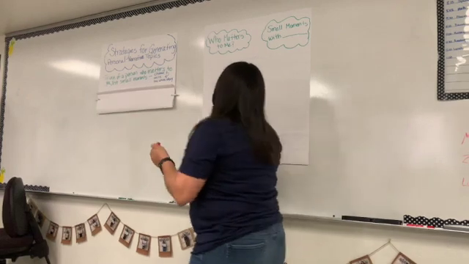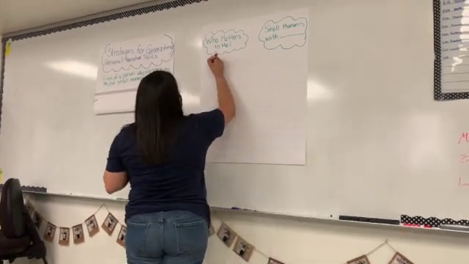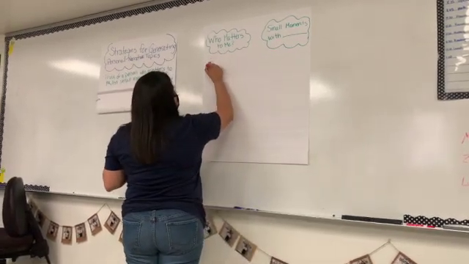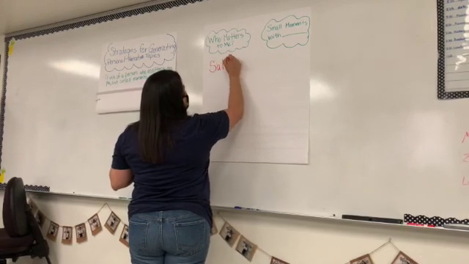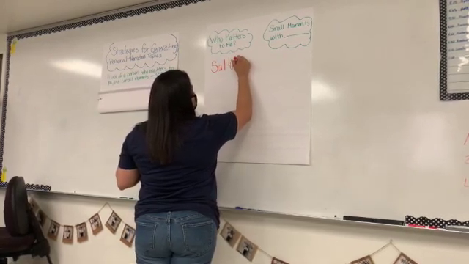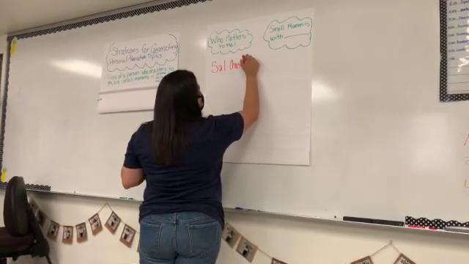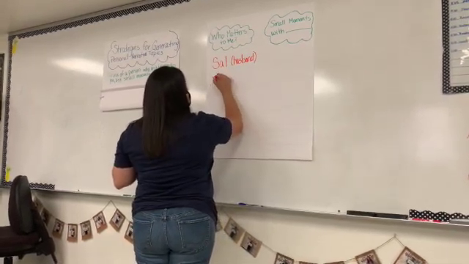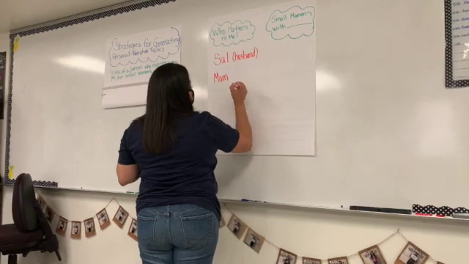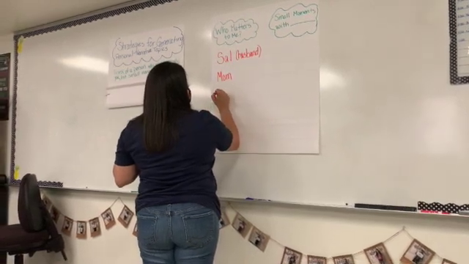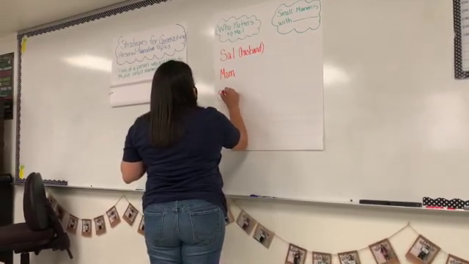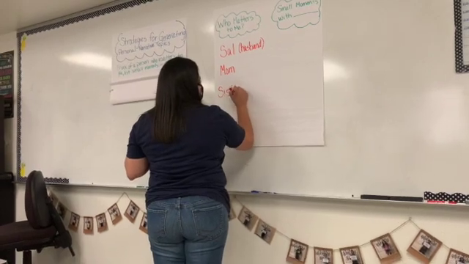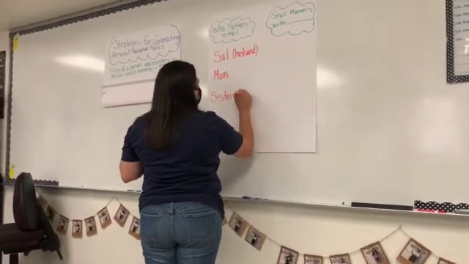So I'm going to put Sal, because that's my husband, and I'll put husband here so you guys kind of know. And then I will put my mom, because I have lots of moments with my mom. And then I'm going to put my sisters, because I've done several things with them. I mean, I grew up with them, right?